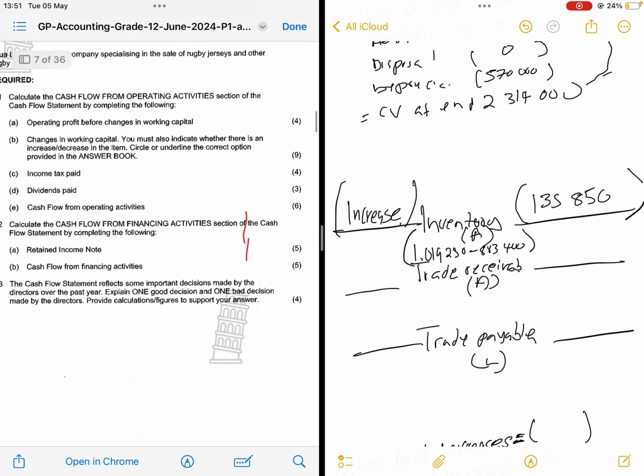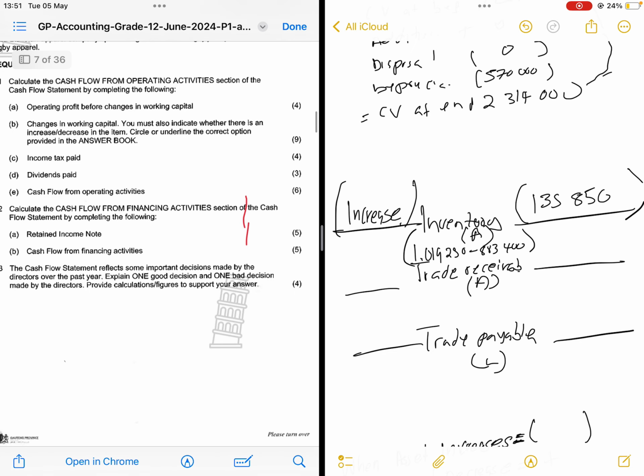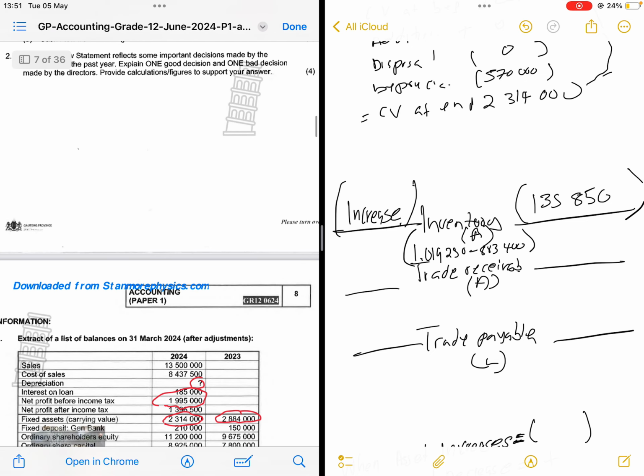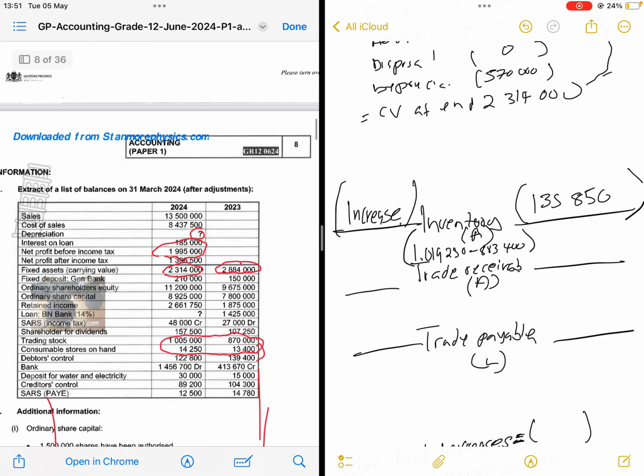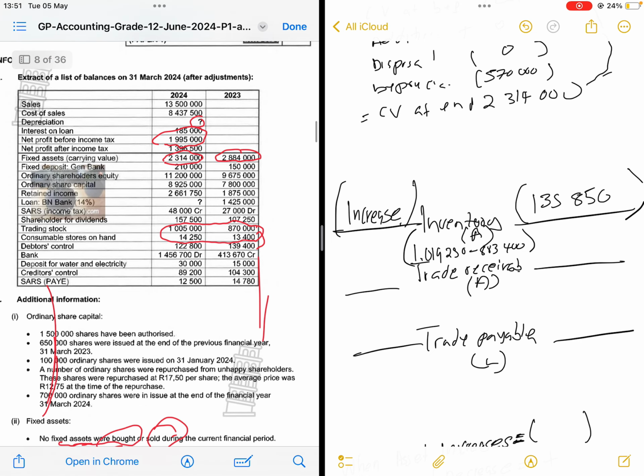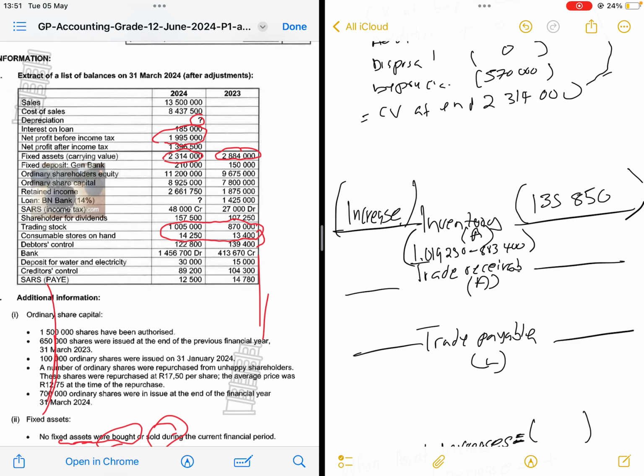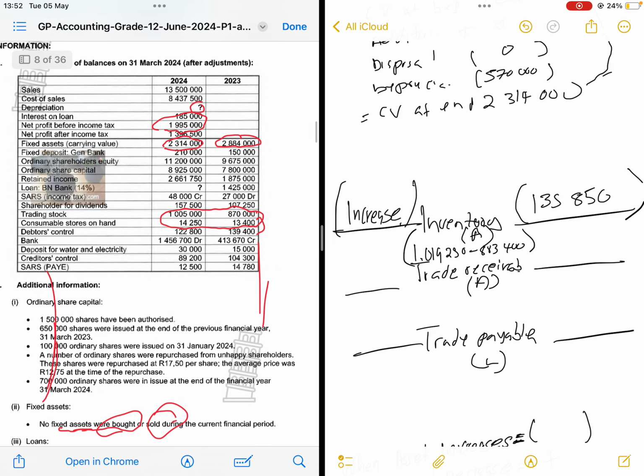Now you go to trade receivable. In trade receivable, you are going to exclude SARS income tax. So trade receivable, obviously there it will be the debtors control and the deposit for water and electricity.